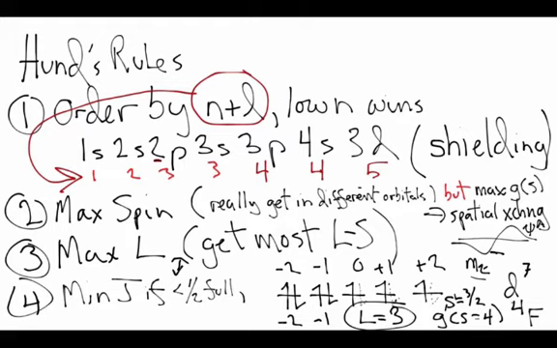And so you switch the sense of the orientation. So the rule is that the minimum J if you're less than half full, and the maximum J if you're more than half full, is going to be the lowest energy case. And you can easily prove to yourself that if you're exactly half full, there's only one J value anyway, so the rule doesn't need to be specified in that case.